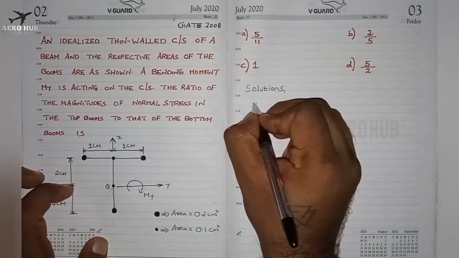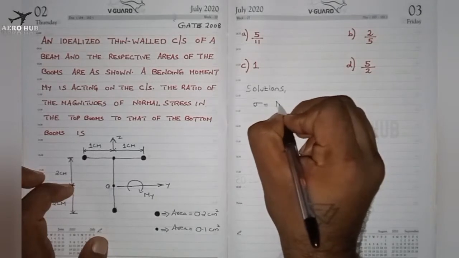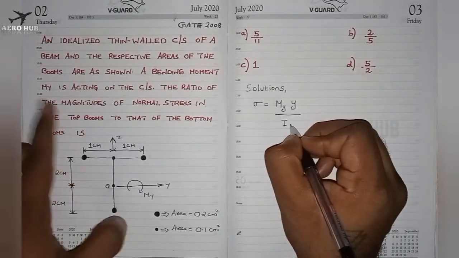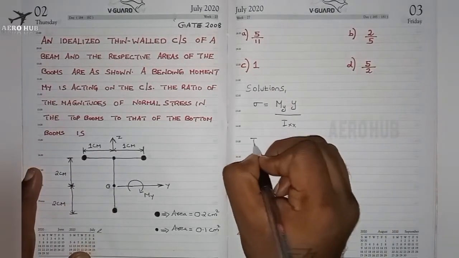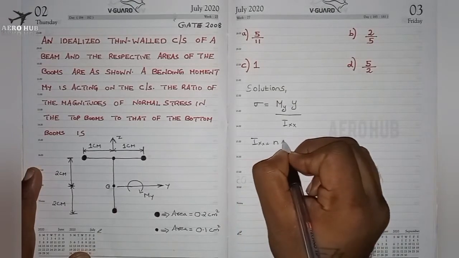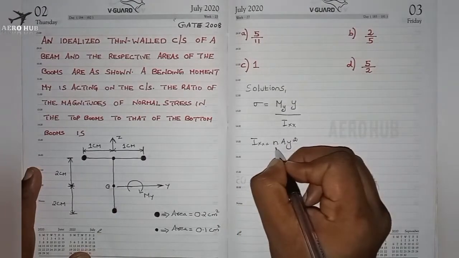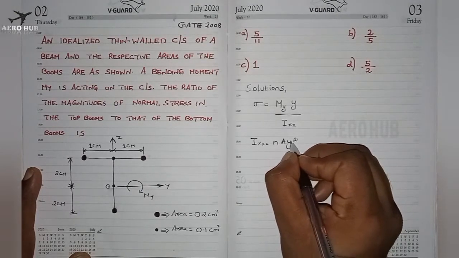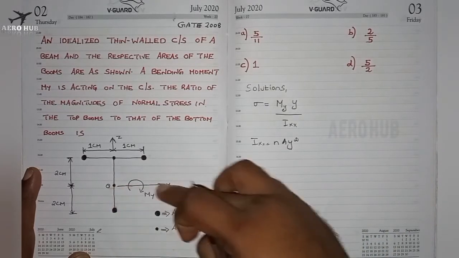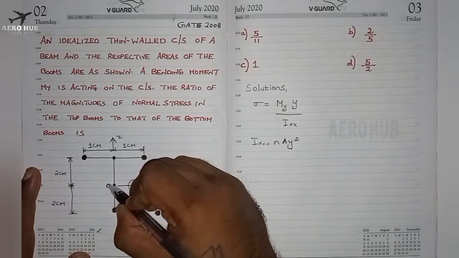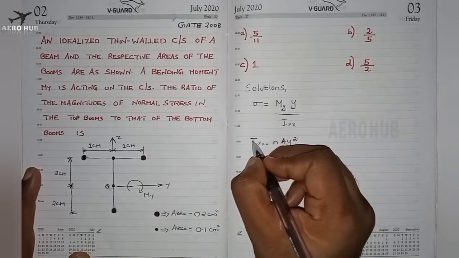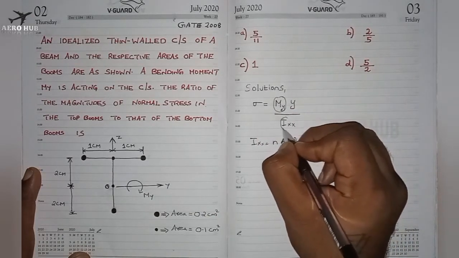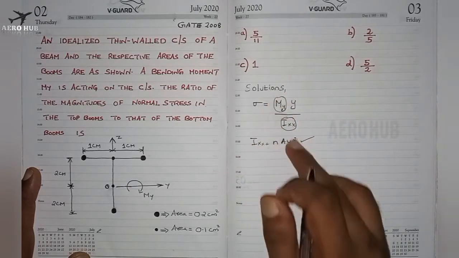You are aware that the normal stress sigma is equal to M y into y by I xx, where I xx is equal to sum of n a y square. Here n is the number of booms, a is the area of the corresponding boom, and y is the distance from the neutral axis, and this is the center O. We have the value for the moment of inertia, and we have the value for the moment also.